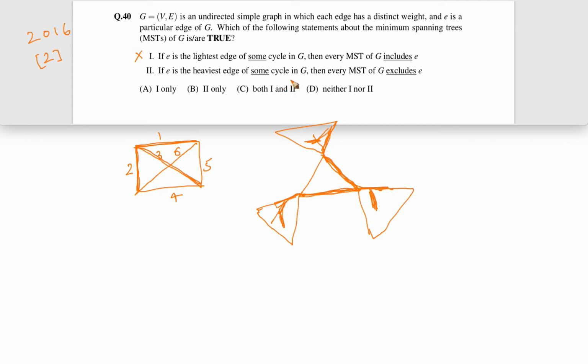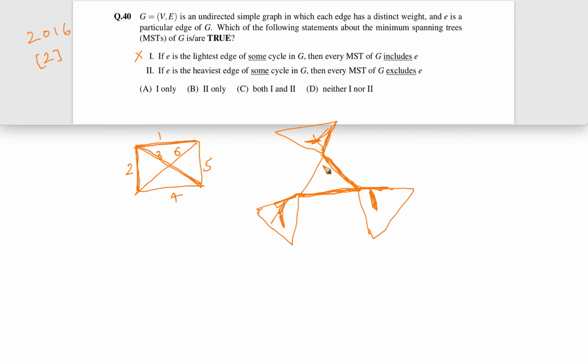In some cycle of G, there is a particular edge which is the heaviest, and we say that edge is not excluded, that edge exists in the MST. And by assuming that, if we later come to a contradiction, then we can say that the assumption is false. So let's start by doing that.